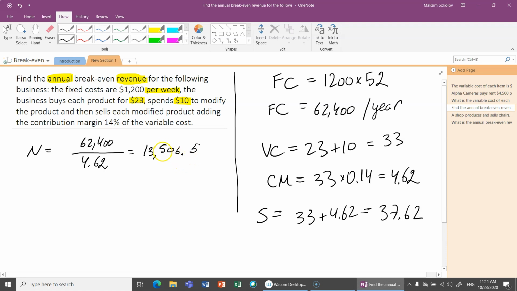Again, we will round this up to the next whole number, and this will be 13,507 items to break even.